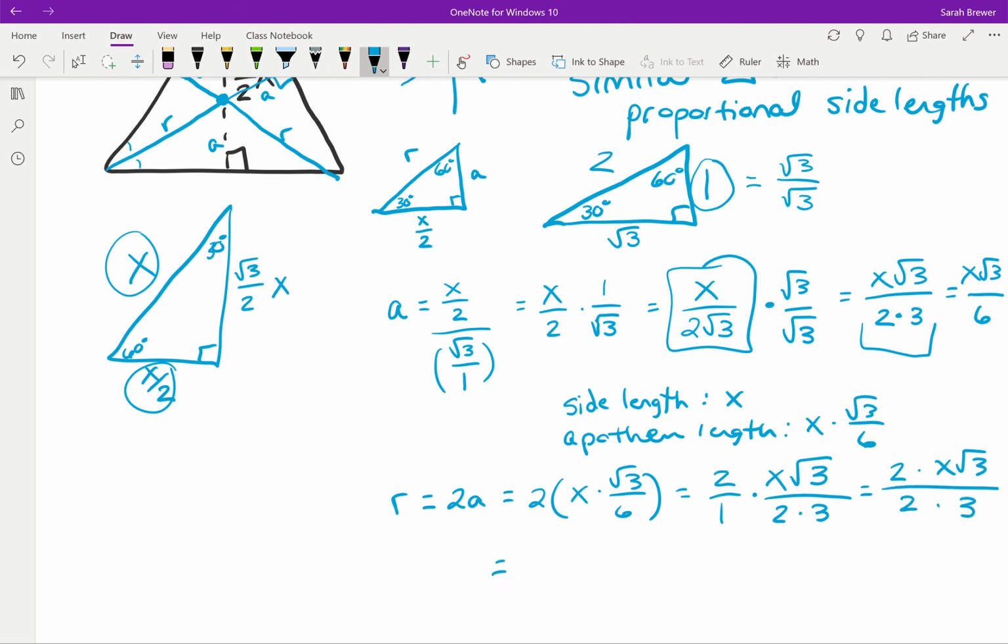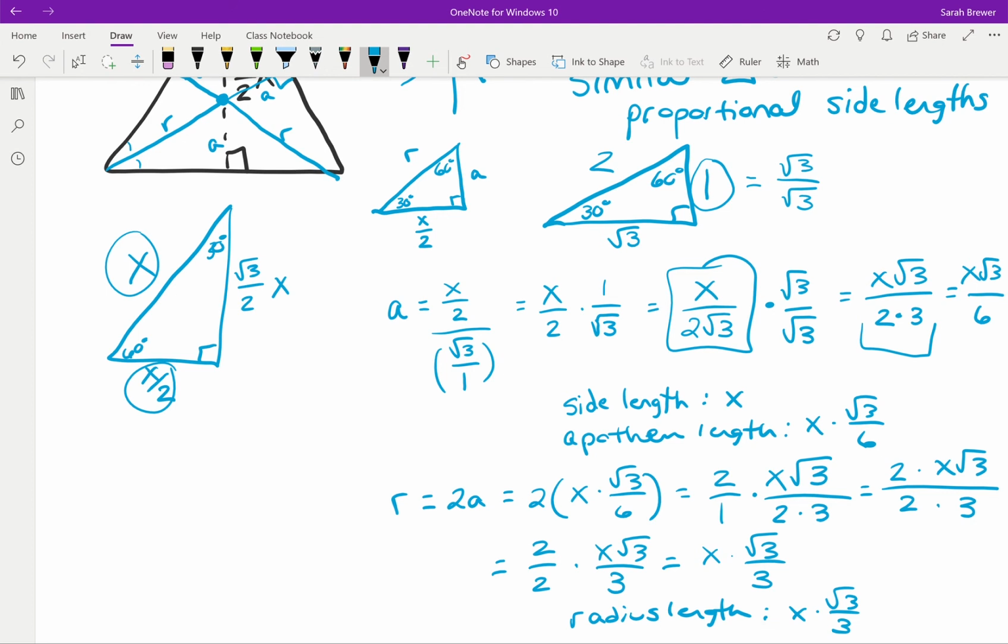And 2 over 2 is 1. Oops, not root 3, just 3. And so this is equal to x times root 3 over 3. So my radius length is x times root 3 over 3.